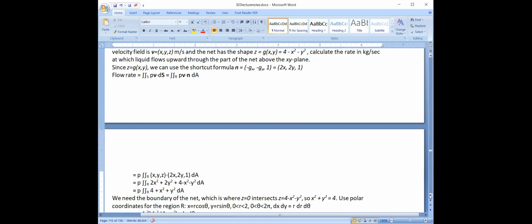The maximum radius is 2, so r goes from 0 to 2. And then we're going all the way around, so theta goes from 0 to 2 pi. Further, dA was dx dy, but we know how dx dy converts into polar coordinates: dx dy becomes r dr d theta.